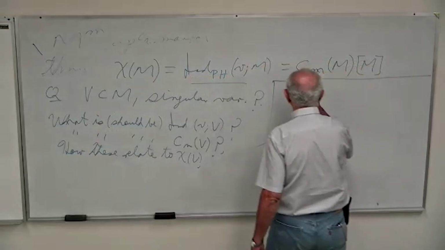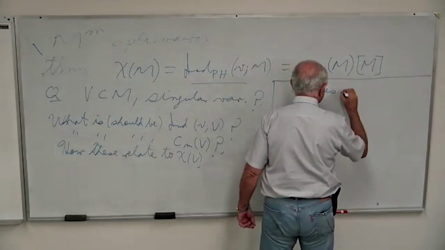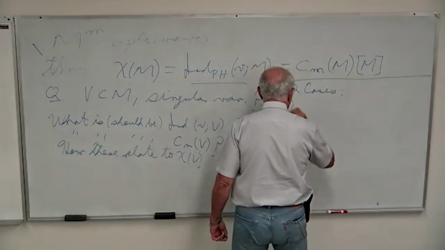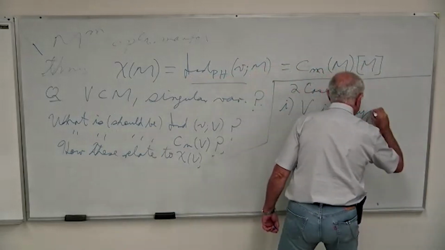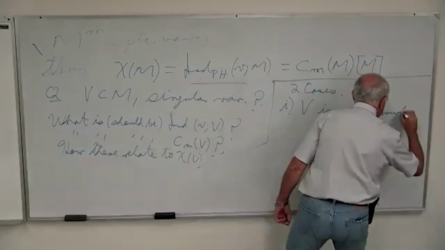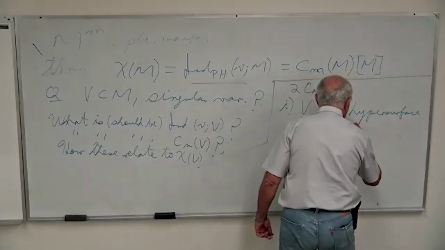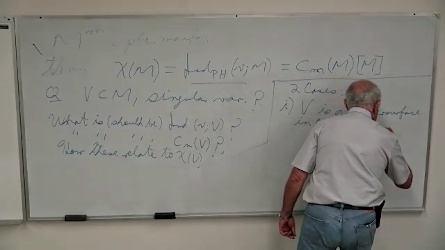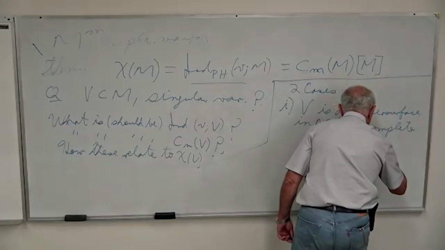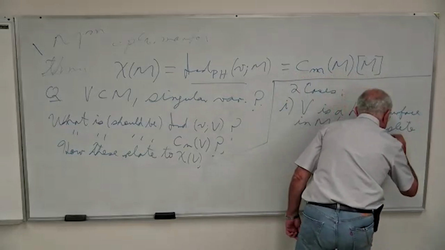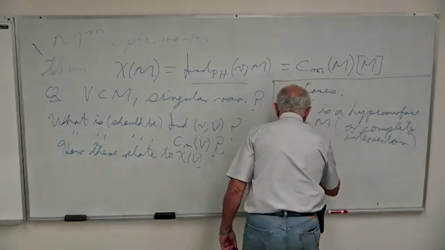So, two cases I want to consider. One, V is a hypersurface in N, or more generally, a complete intersection. Everything is essentially the same. Two, the general case.